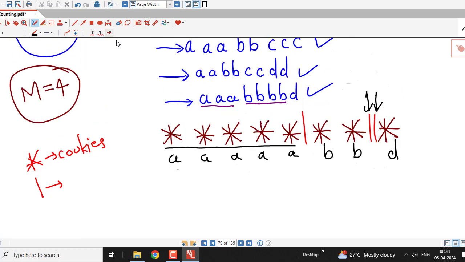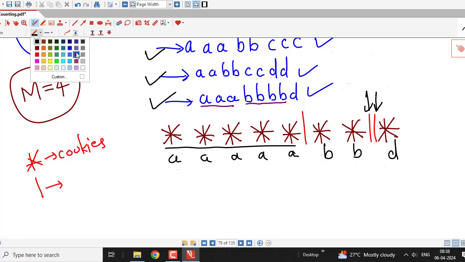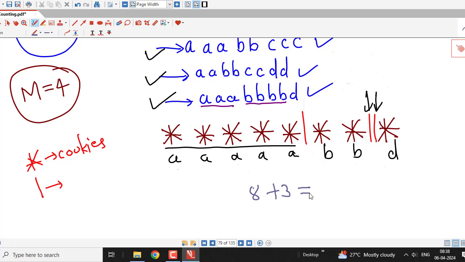So we can now see that the number of ways of selecting cookies depends on the selection of these bars among all these positions. By changing the position of these 3 bars, we are able to write down the different possible ways of selecting 8 cookies. So this problem is now the problem of selection of 3 bars out of this 8 plus 3, that is 11 positions.